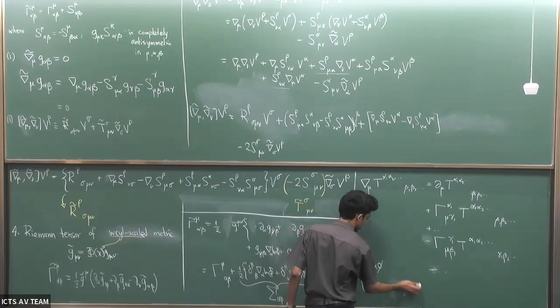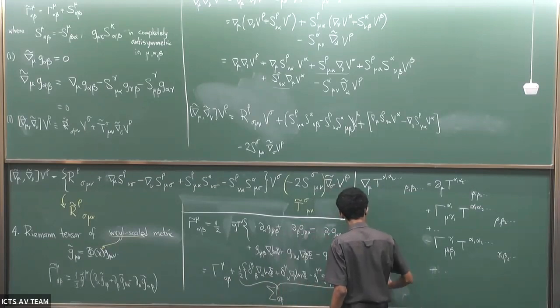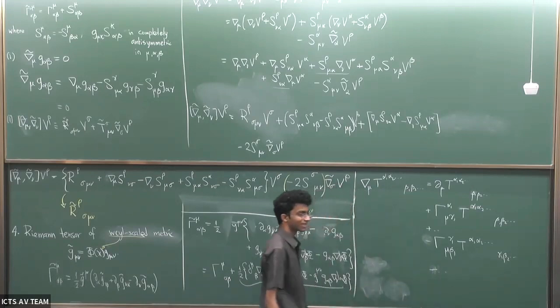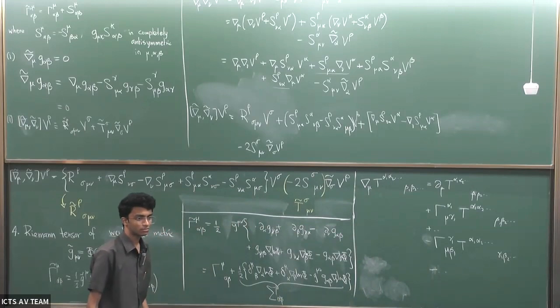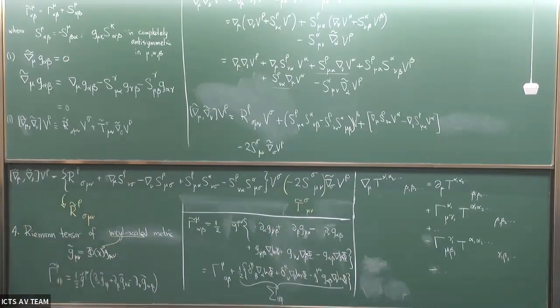Oh well, it's not. But yeah, I mean this is an assumption. Sorry, this is the non-torsion assumption. This is the statement that the Christoffel connection is symmetric. For the modified connection in the first question, that statement will not be true anymore. Then there will be that.